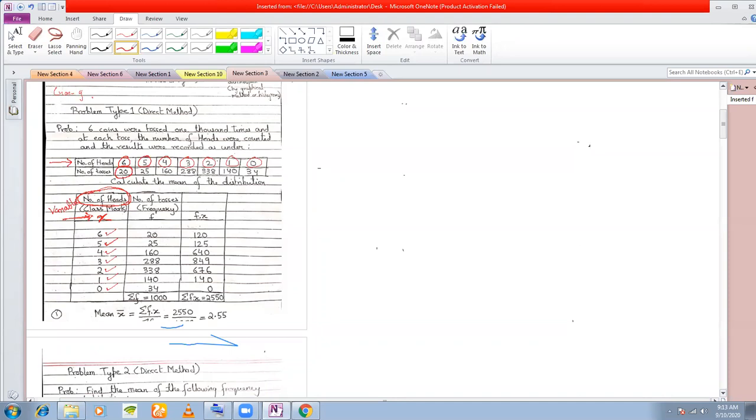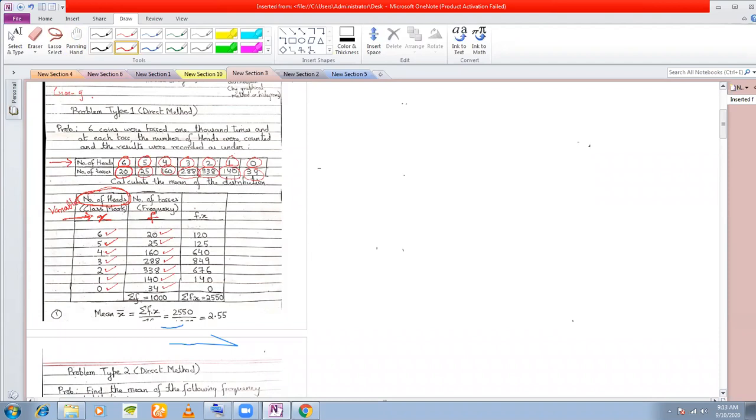Number of tosses: 20, 25, 160, 288, 334, 140, and 34. So two columns, for number of heads and number of tosses. We denote the frequency column as f, because this is your frequency.